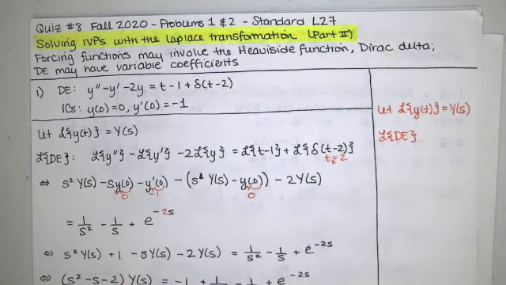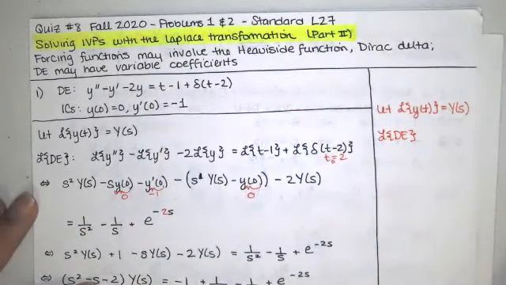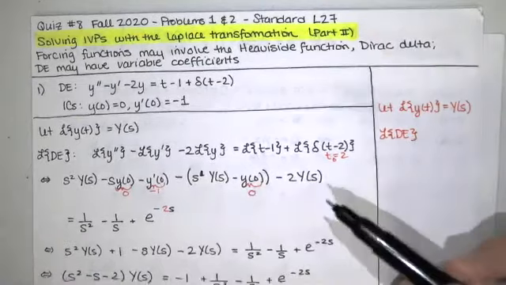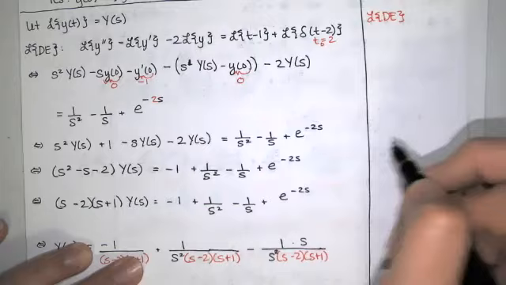If you have a delta function here, then you're just going to do this. You let the Laplace transform of little y equal big Y, take the Laplace transform of the differential equation, substitute in your initial conditions, and you get here.